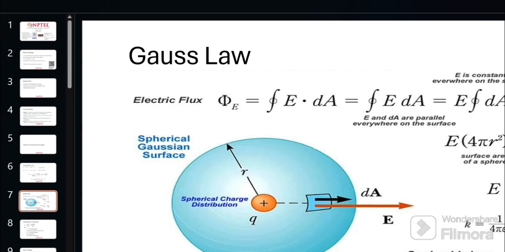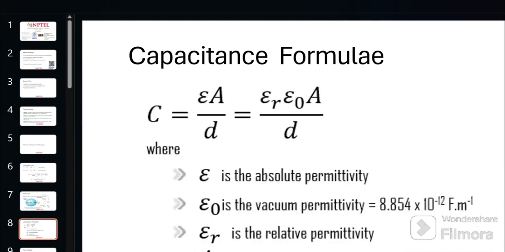Then the third concept we learned this week is the formula for capacitance. What is the formula for capacitance?